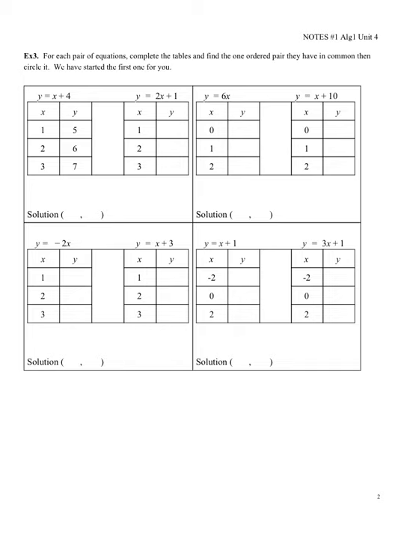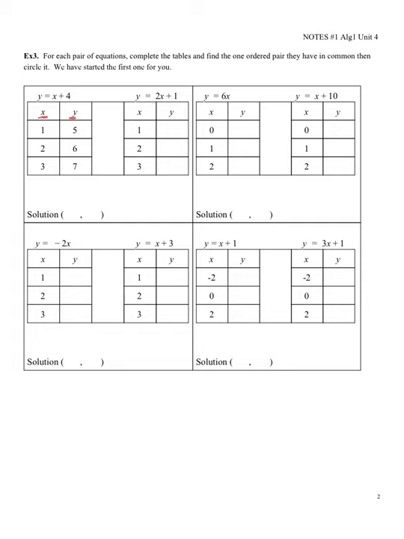Okay, let's try this for a few examples, all right? For each of the equations, complete the tables and find the ordered pair that they have in common, then circle it. We have started the first one for you, okay? Again, x is the input and y is the output or the answer.